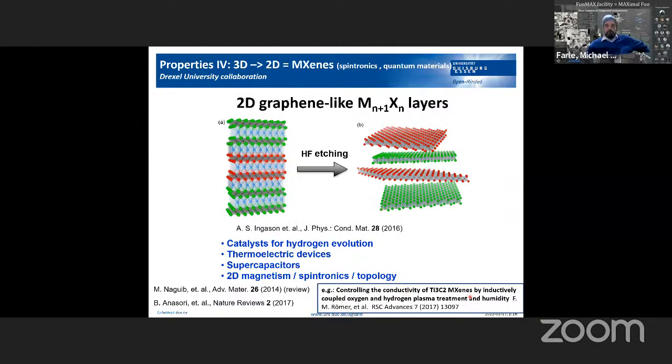Here, some years ago, we used titanium-3 carbon-2, where the aluminum, I think, was removed. Then we have this MAXene, and if we put water molecules on there, we see a dramatic change in conductivity. Just one example.